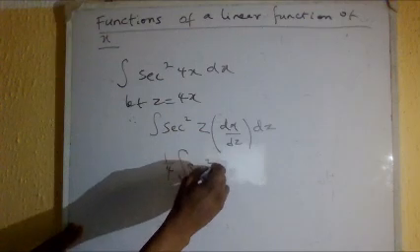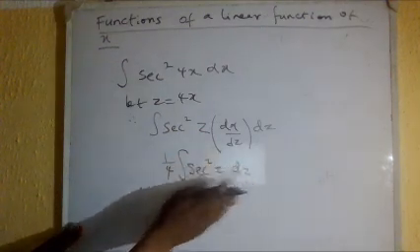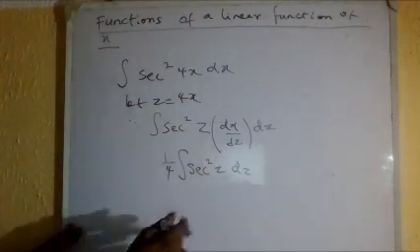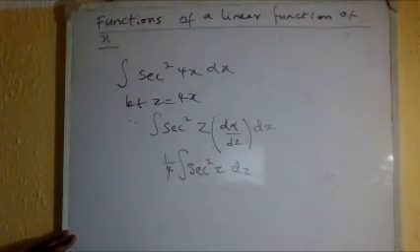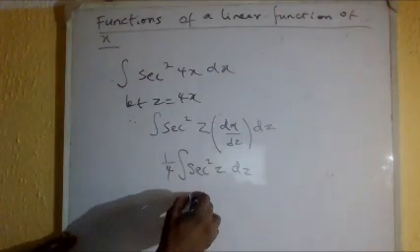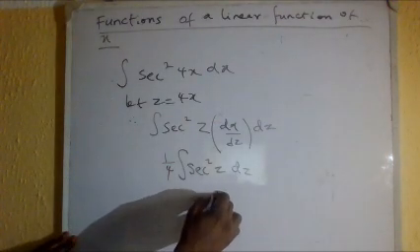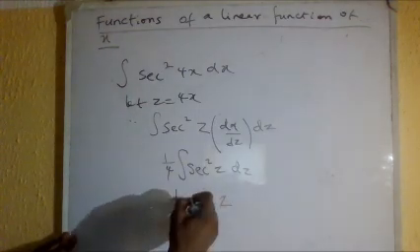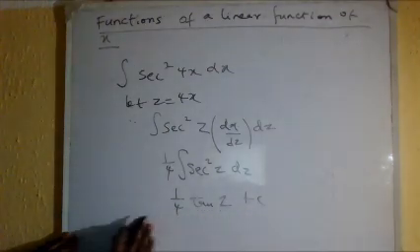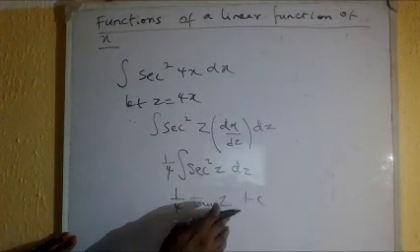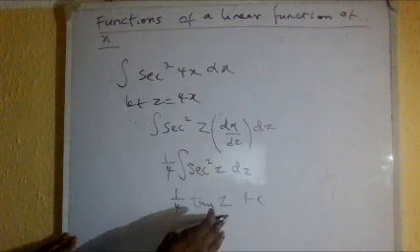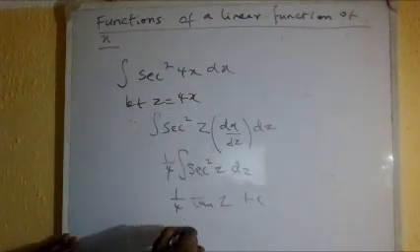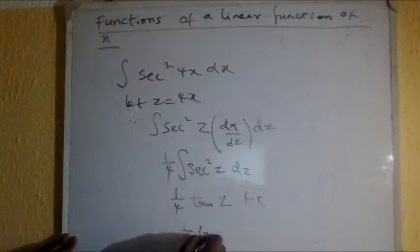Integrate normally. If you integrate sec square z, it's tan z, so 1 over 4 tan z plus c. Now tan z does not exist here, but I defined z as 4x. So 1 over 4 tan 4x plus c.